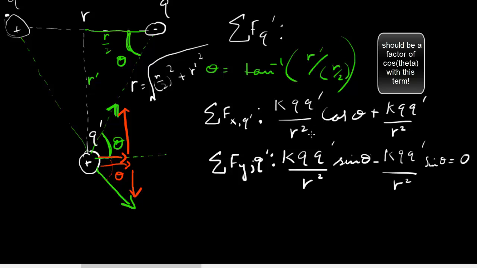So you found the net force on Q prime. If you place a Q prime at this point, it would feel a force in this direction. And suppose you knew the mass of Q prime, suppose it has mass m, and you were asked to find the acceleration of Q prime, then you would set this equal to ma.